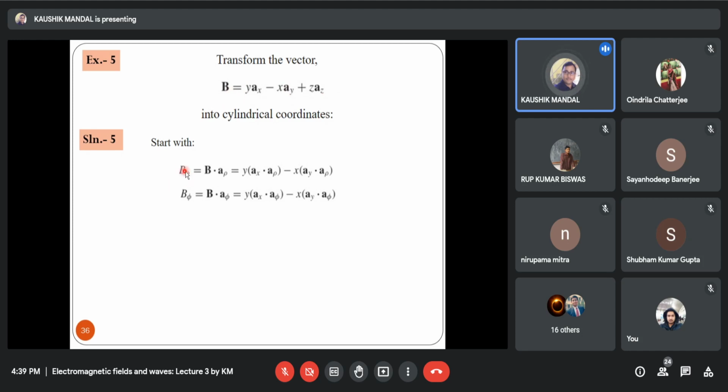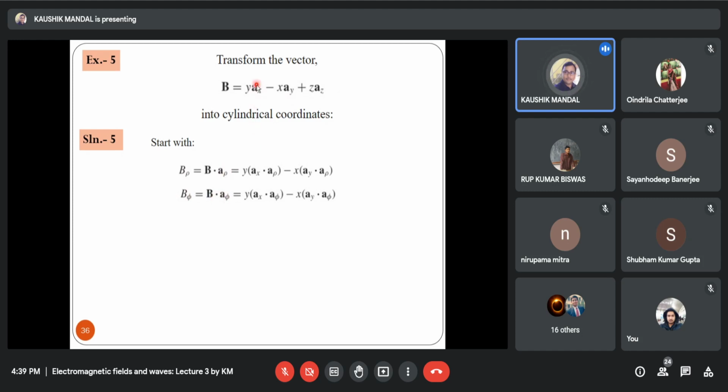What will be B rho? The vector B dot a rho, where a rho is the unit vector normal to the plane with constant rho. Next, how can we find B phi? That is B dot a phi.